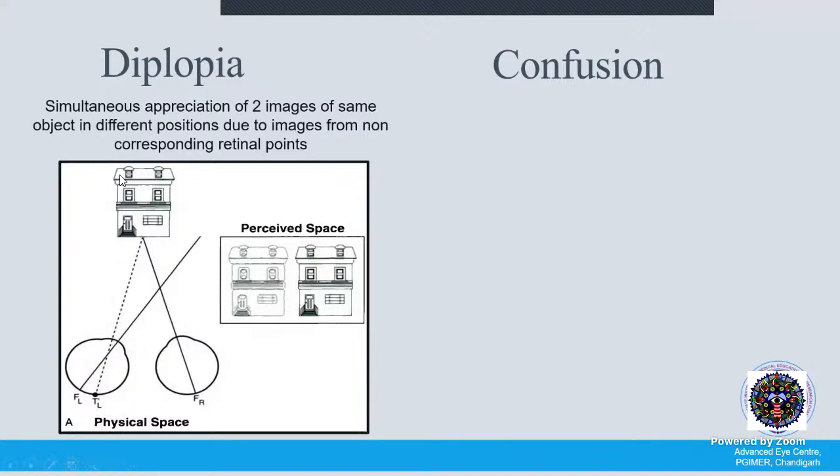So if we look at this house and we look at this eye, which is turned inwards, this is a patient of right esotropia, and this left eye is normally aligned. You see that the same object is seen by two different points in the two eyes, so we see that this object is seen as double.